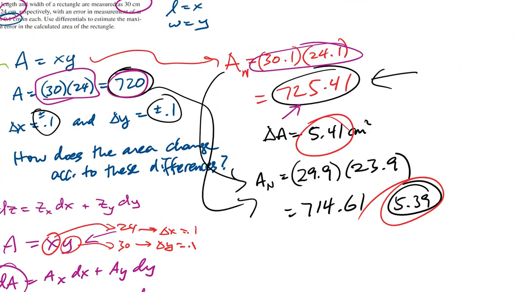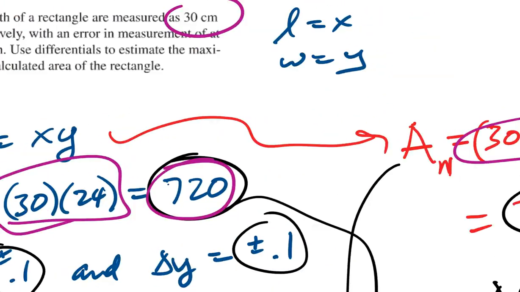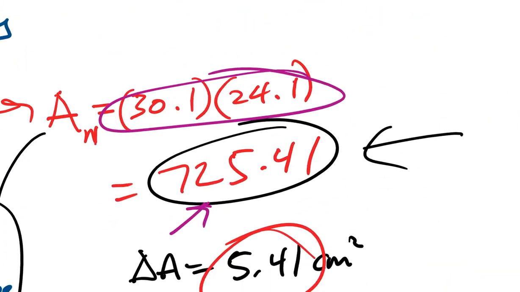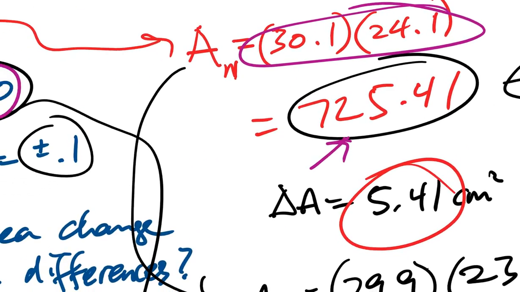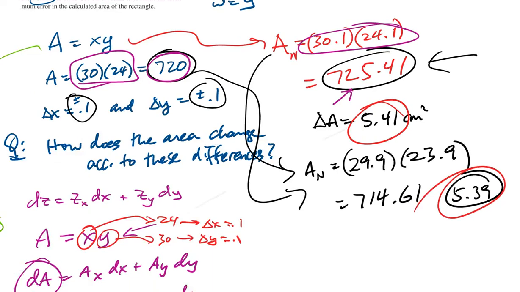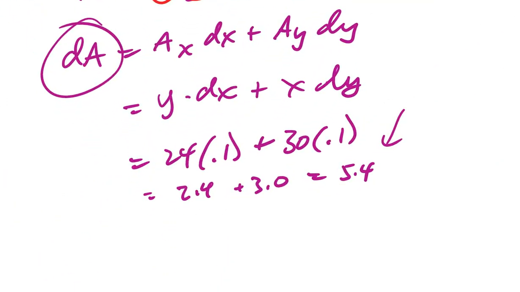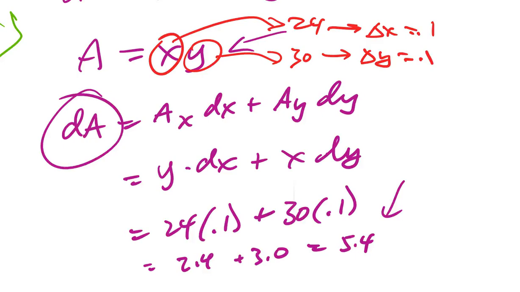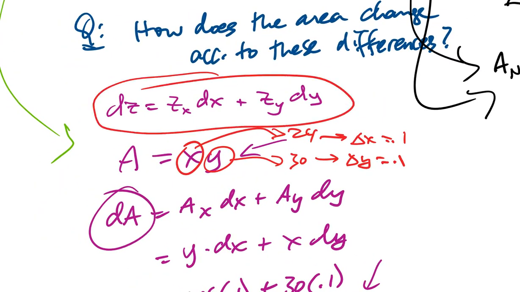On this first one, we had to calculate the original area, and then we had to calculate the area plus 0.1 and do all that. It's not really that hard to do that and then find the difference. But this is easier, especially with much harder problems, much harder functions.